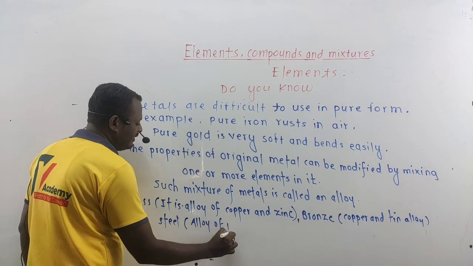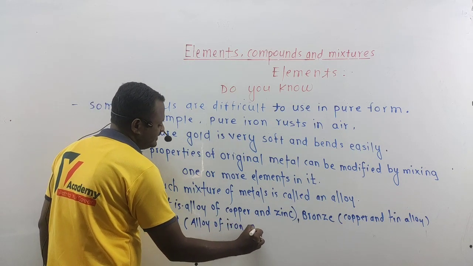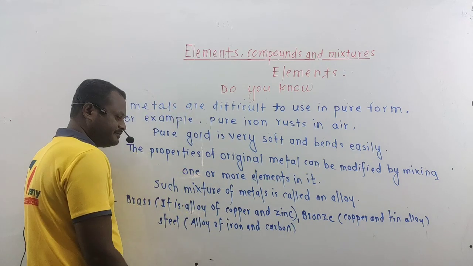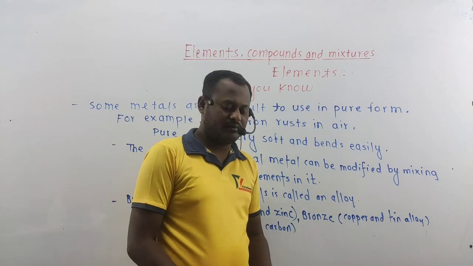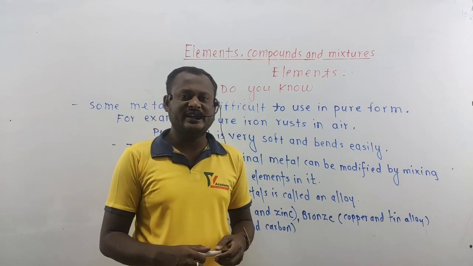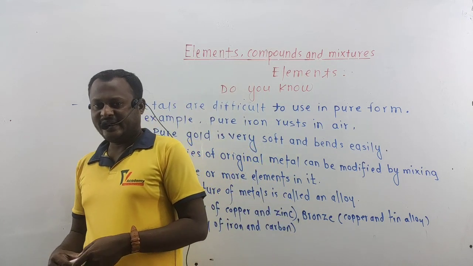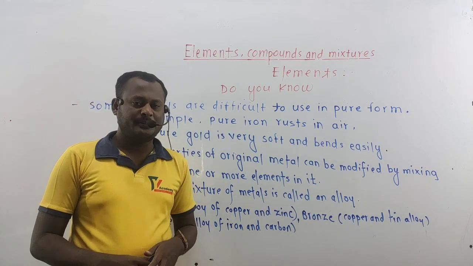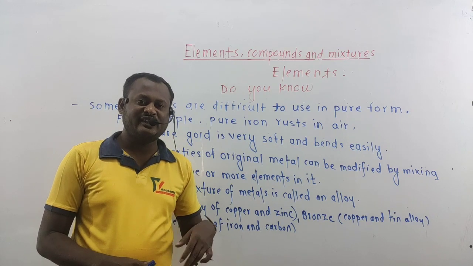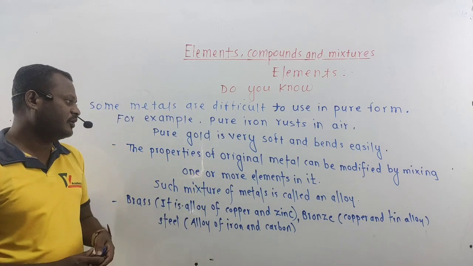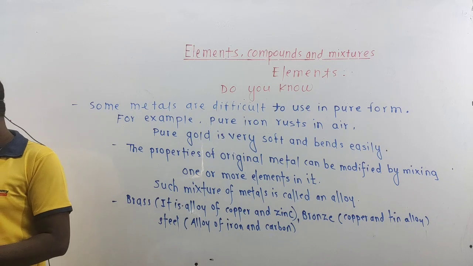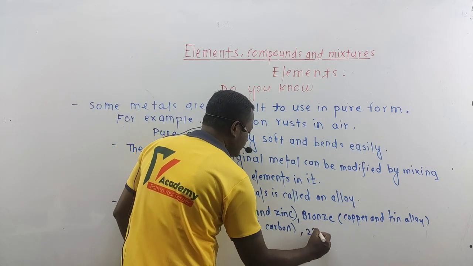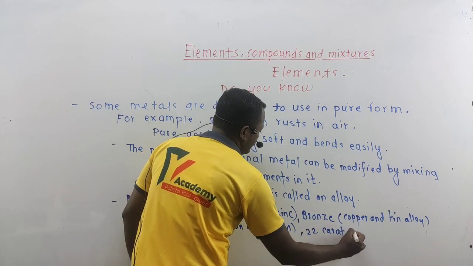And that's why its hardness and other properties increase. Then cast iron is also an alloy of iron and carbon, but the percentage of carbon in cast iron is more than that of steel. Then 22 carat gold.